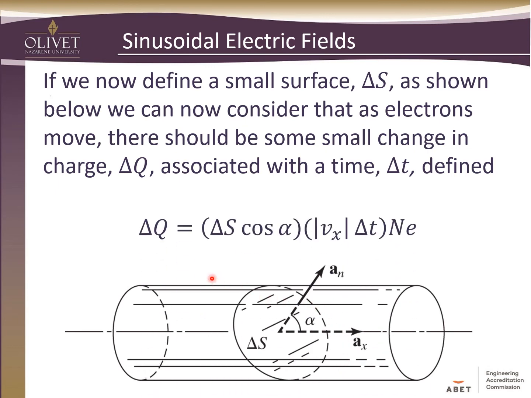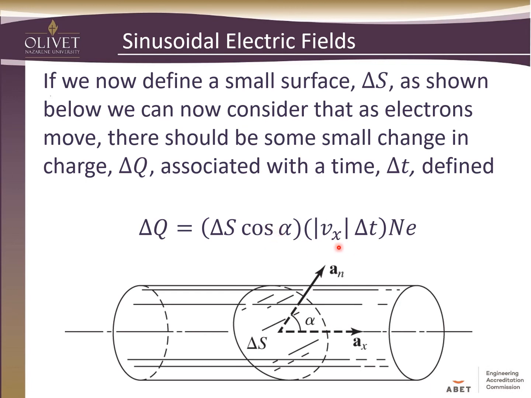So we can mathematically quantify that as delta Q is equal to delta S cosine alpha, and that's just assuming that the area may not be totally perpendicular to the move of the electrons, which we're calling AX. If it is, then alpha would be 0, and cosine 0 is 1.